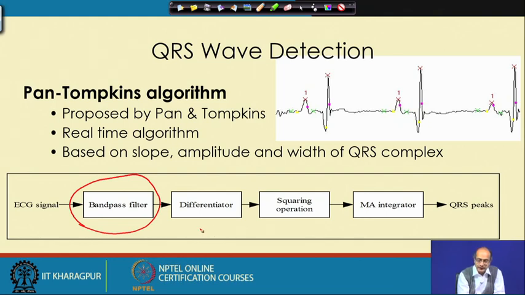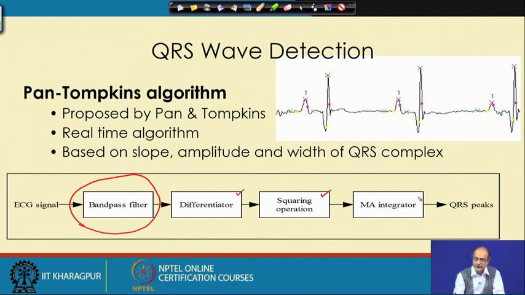Next comes the differentiator. After the differentiator there is a squaring operation, and we know that if the amplitude is more than 1, squaring gives a non-linear enhancement to the signal magnitude. The high amplitude part will be magnified, and the low and high amplitude signals will get separated.